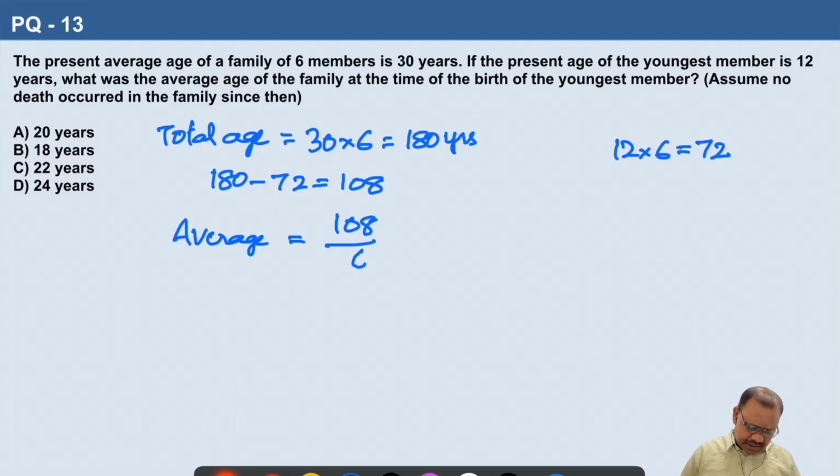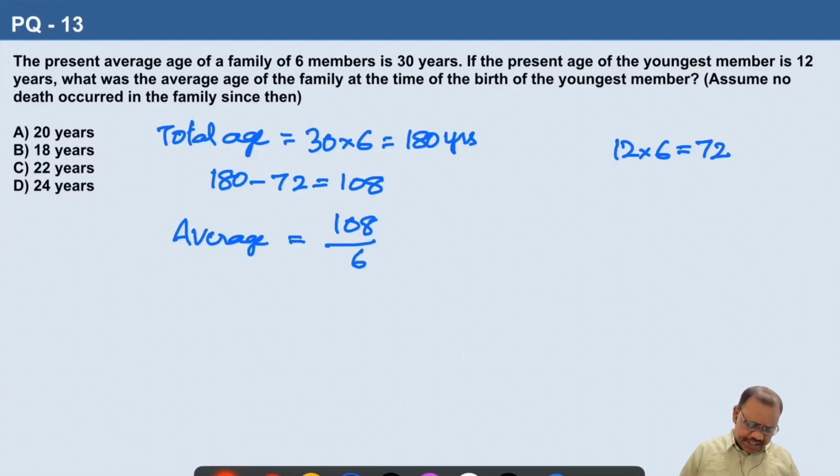So we have to consider 6 members because the youngest member was born at that time. Then we are finding the average. His age is 0 years, but the number of members is 6. To find the average, we have to consider the youngest member as well.